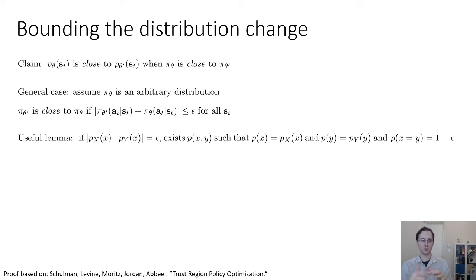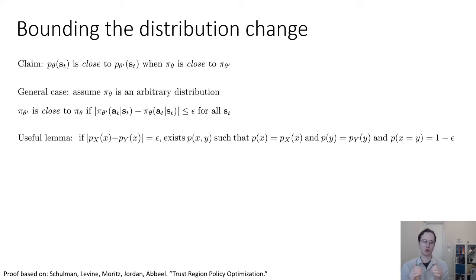And intuitively, the reason that this lemma is useful to us is that we essentially want a generalization of the assumption from the previous slide. So in the previous slide, our assumption was that there's a 1 minus epsilon probability that pi theta prime takes the same action as pi theta.